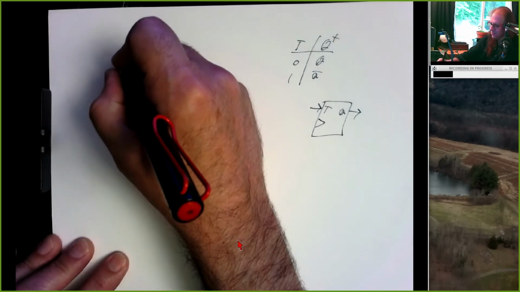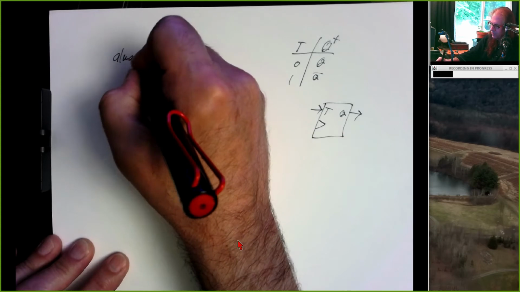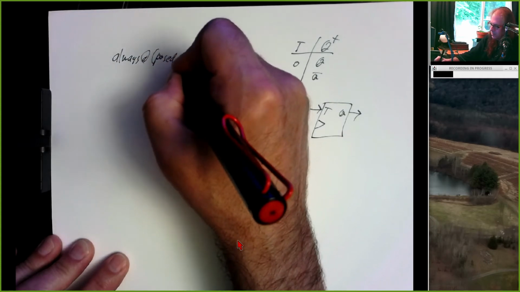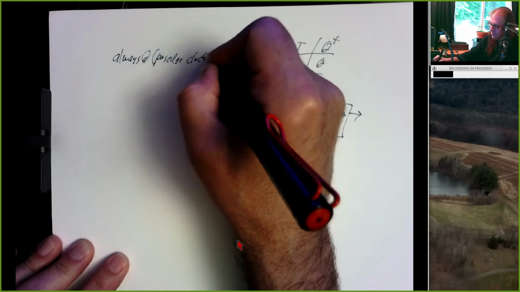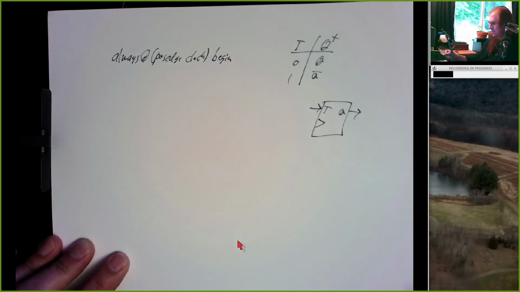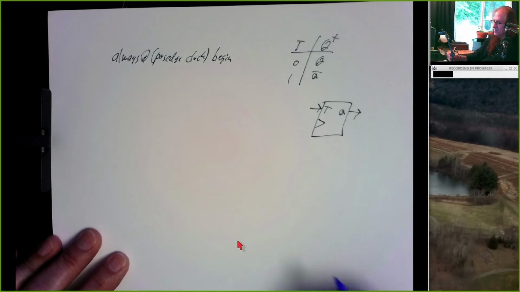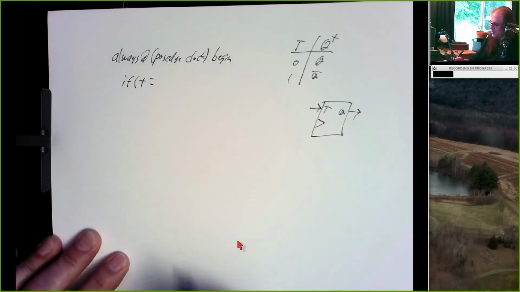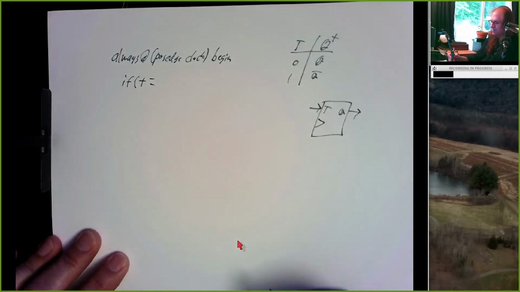And so we could code that: always at positive edge of the clock begin. And there's really only one thing to check, which is what's the value of T. So if T equals 0, then we don't need to do anything.